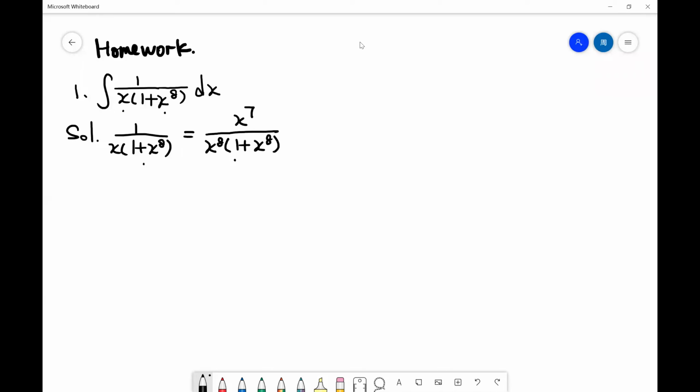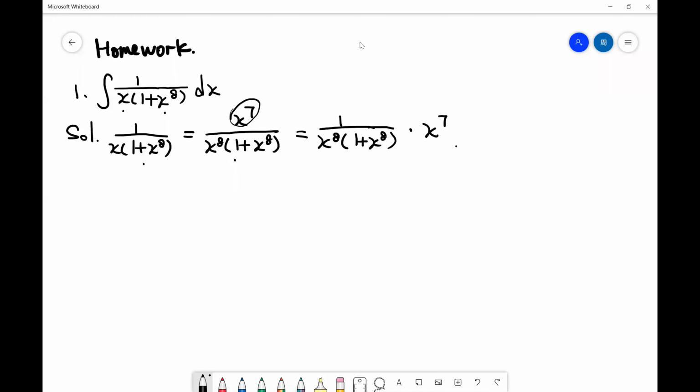This is the first step. Then that equals, we can put x power 7 outside the function: x power 8 times 1 plus x power 8, then times x power 7, right?